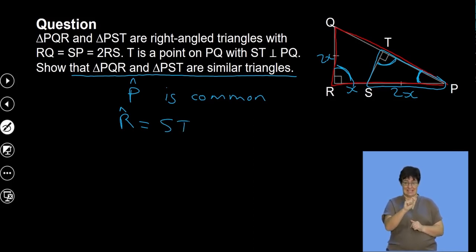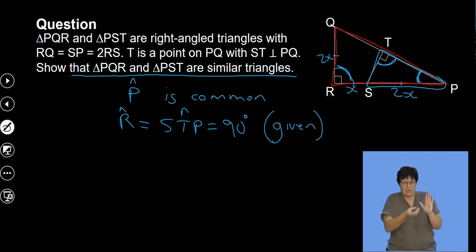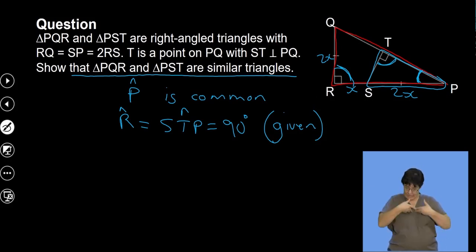And I will say STP equals 90 degrees, and this will be given. They gave you this. You do state, even if I gave it to you in the statement, that I am saying this because I was given this information in the statement. You don't just state it and then think, no, because I gave you, then I will see it from there.